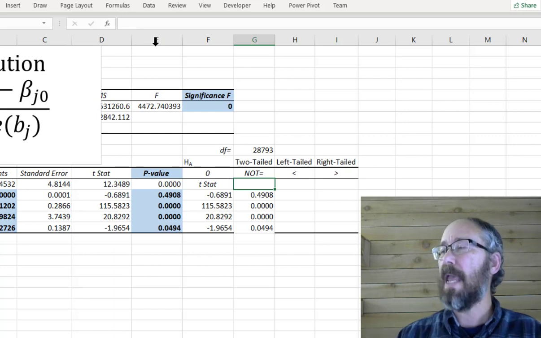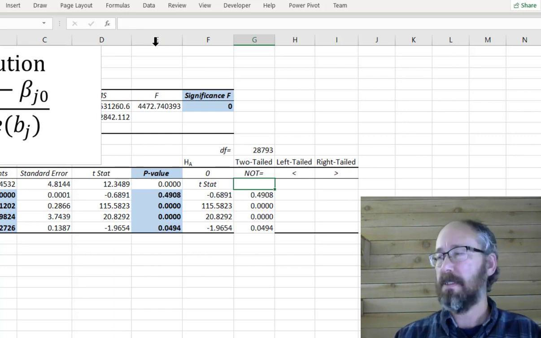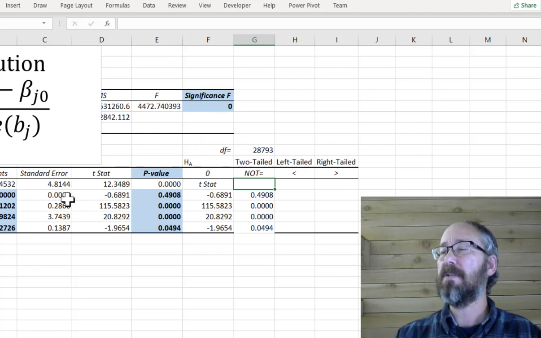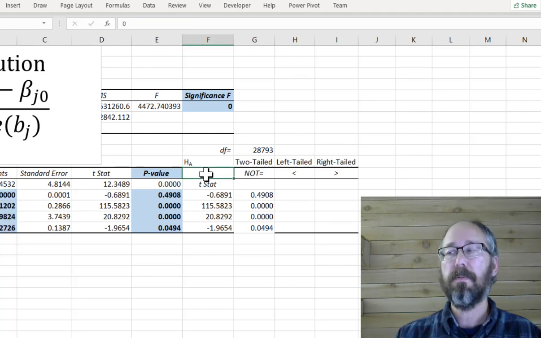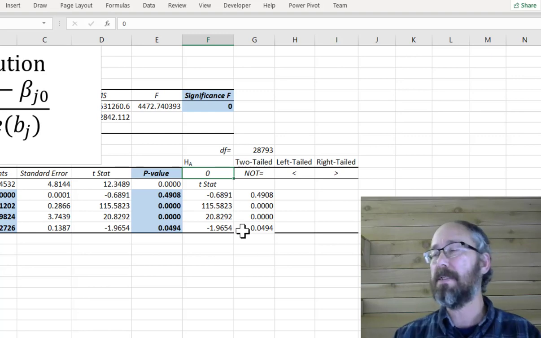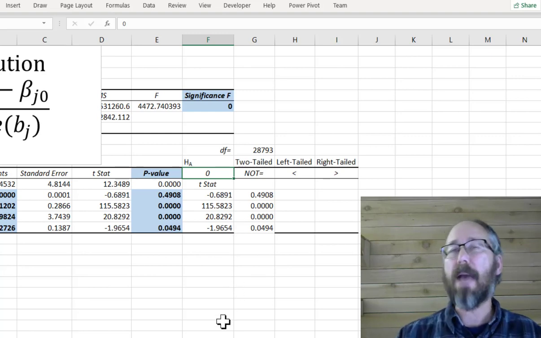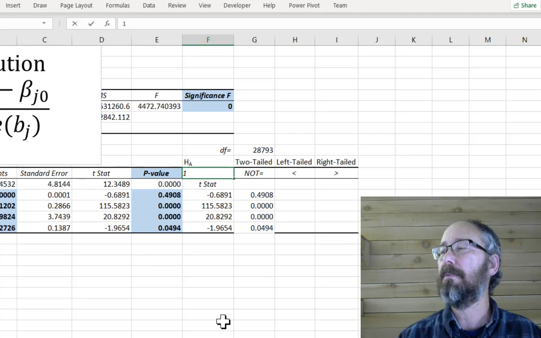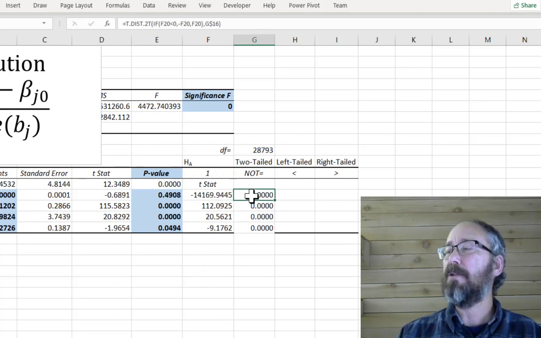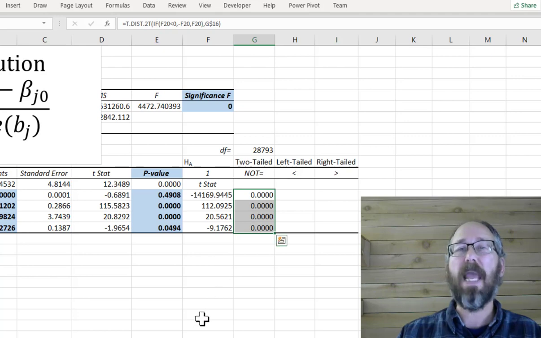All right, so what we're saying with the alternative hypothesis is that we hypothesize that these coefficients do not equal 0, and then all of our calculations work and match what Excel has calculated. Now notice what happens when I change it to a 1. Not equal 1, well now all of my two-tailed p-values have changed.